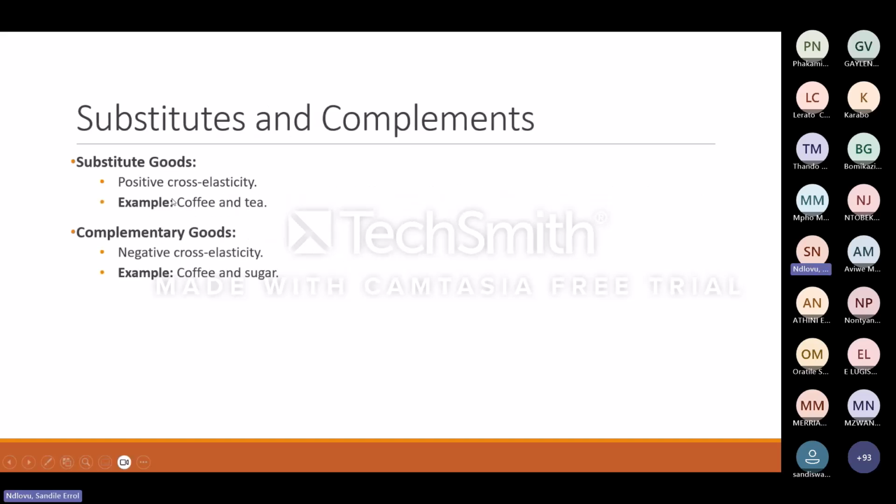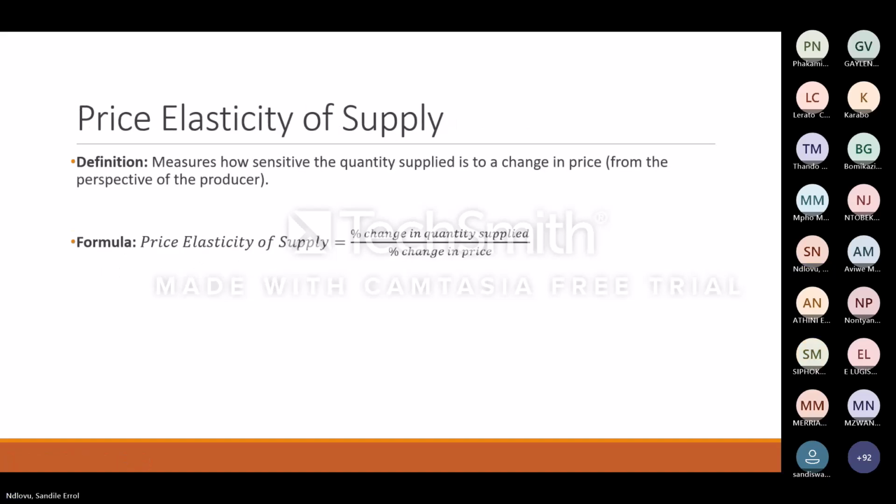So as I was saying, for substitute goods, which are your Coca-Cola and Pepsi, the cross elasticity value is positive, and it is negative for complement goods, coffee and sugar.